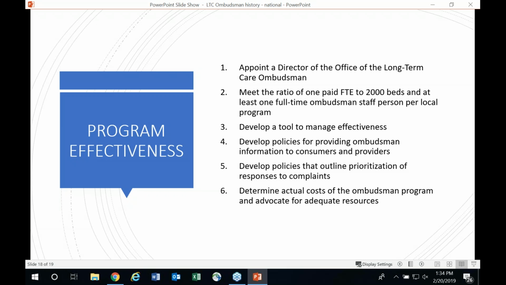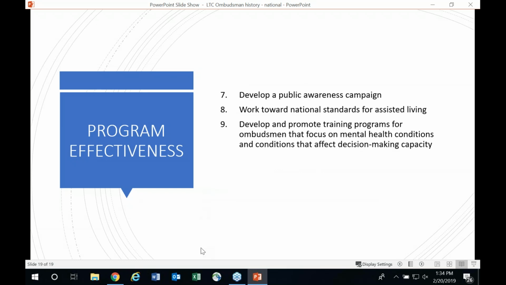And then a recommendation to develop policies for providing ombudsman information to consumers and providers, to develop policies that outline prioritization of the responses to complaints, and to determine the actual cost of the Ombudsman program and advocate for adequate resources. There was a recommendation to develop a public awareness campaign and to work toward national standards for assisted living.